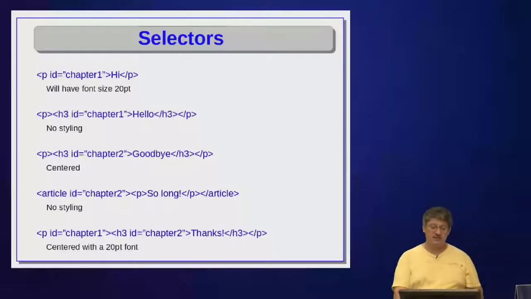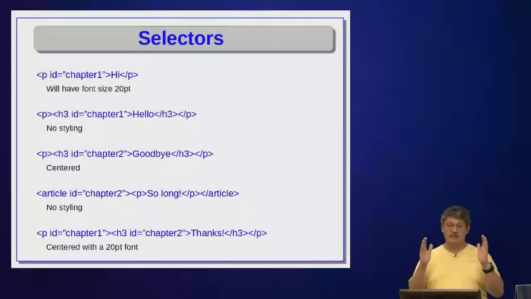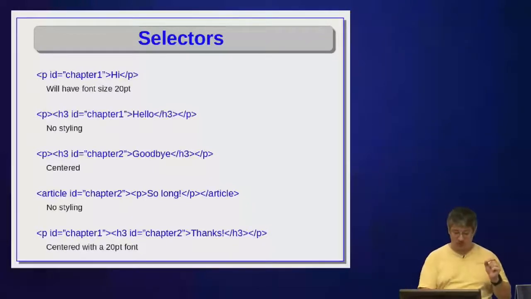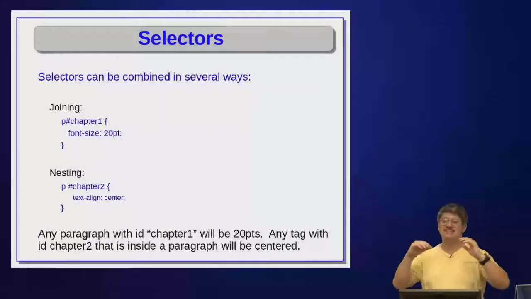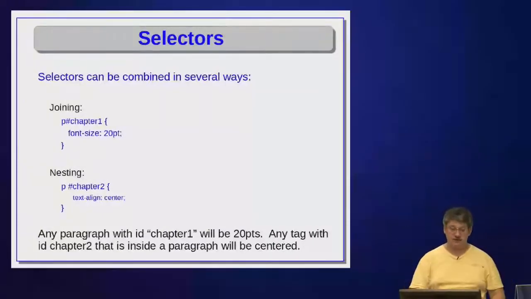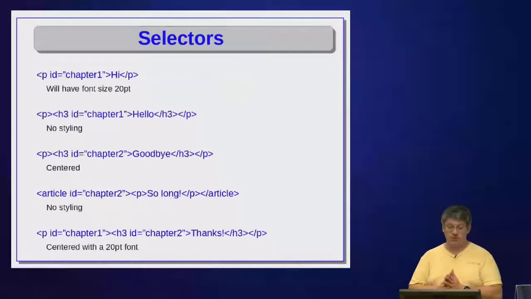On the other hand, if I have a paragraph, and inside that paragraph I have an H3 tag with ID set to chapter 2, now the text will be centered because my second rule will apply, my nested rule that says anything with ID chapter 2 that's inside a paragraph should be centered. So the word goodbye will appear centered because it has ID chapter 2 and it's inside a paragraph tag.